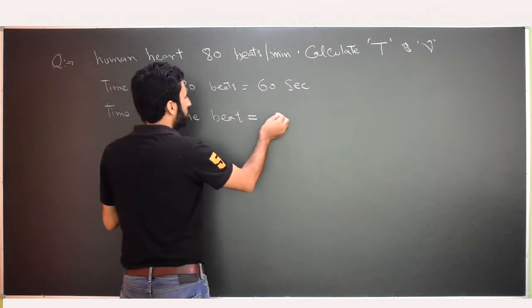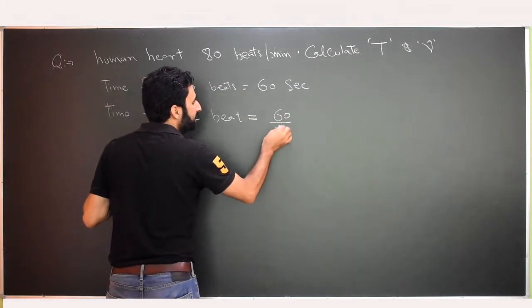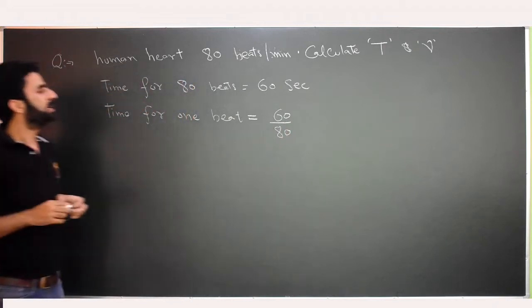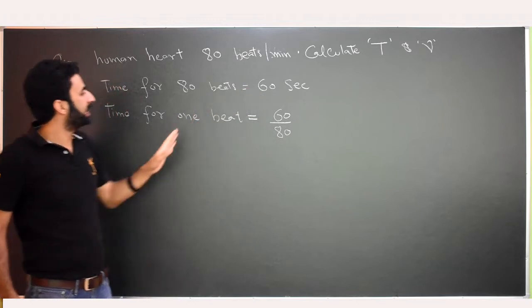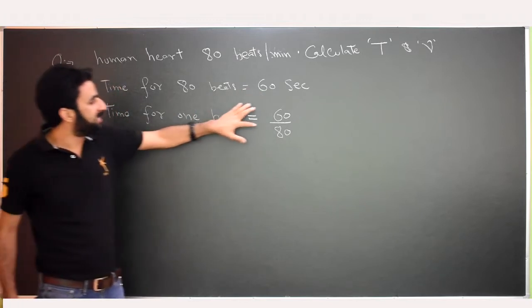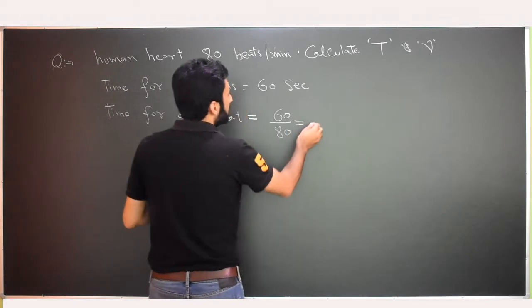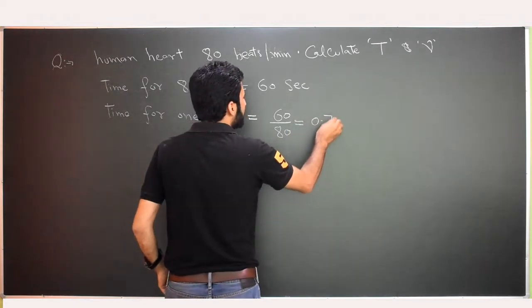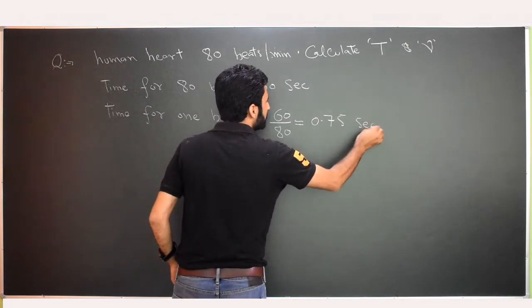So the time taken for 1 beat is 60 divided by 80, because the time taken for 80 beats is 60 seconds. This will be approximately 0.75 second.